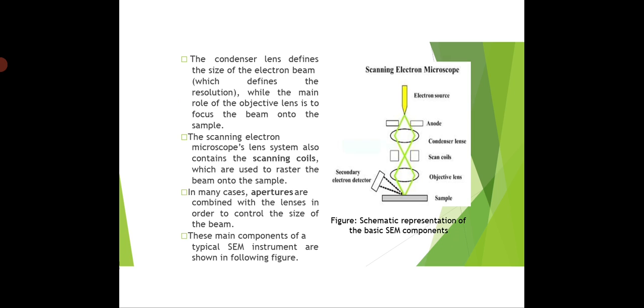These main components of a typical SEM instrument are shown in the following figure. In the figure, at the topmost, a yellow beam, which is the electron source, passes through the condenser lens and converges, then passes through the scan coil. Through the scan coil it diverges, but the objective lens again converges it toward the sample surface.